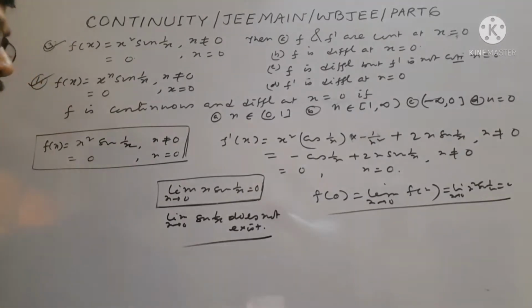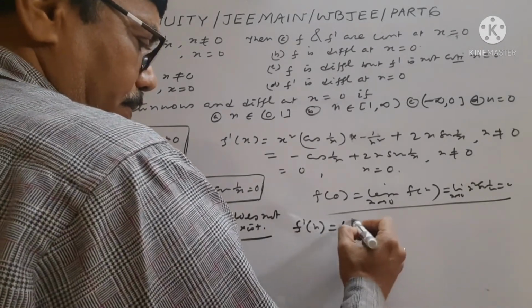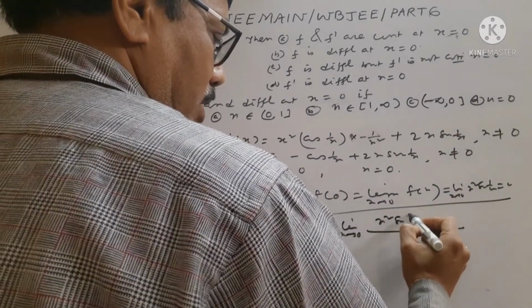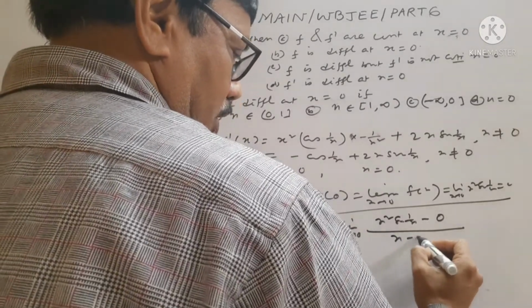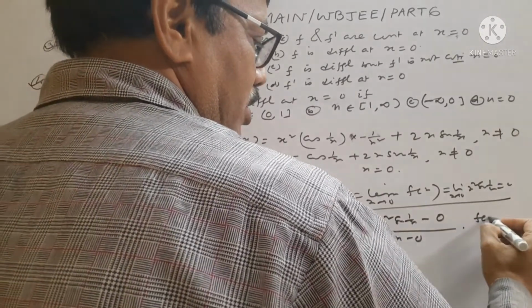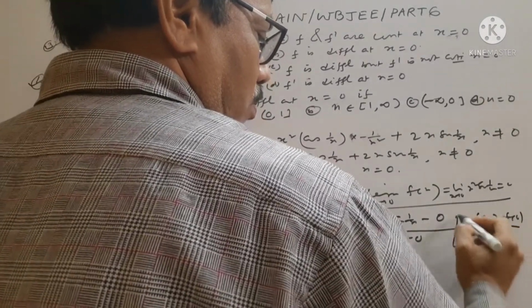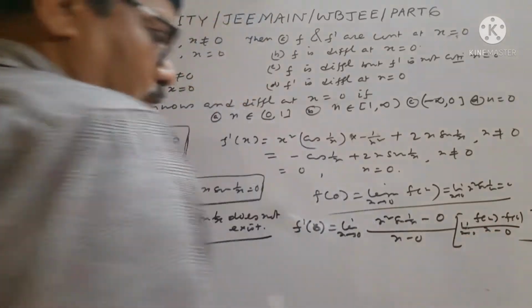Now regarding differentiability, f'(0) is the limit x tends to 0 of (x² sin(1/x) minus 0) by (x minus 0). Actually this is (f(x) minus f(0)) by (x minus 0), the formula of f'(0).